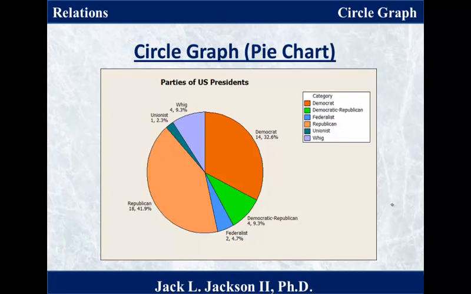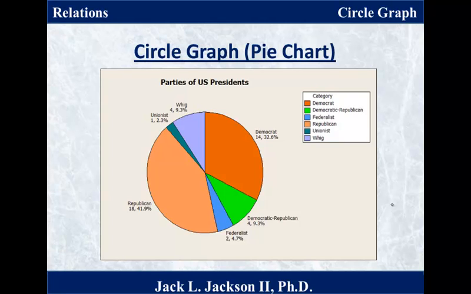So the output could be the counts. That's one relation. Or, in another relation, the input is the party and the output is the percentages. So 32.6 percent of all presidents were Democrats; the output would be the percentage.